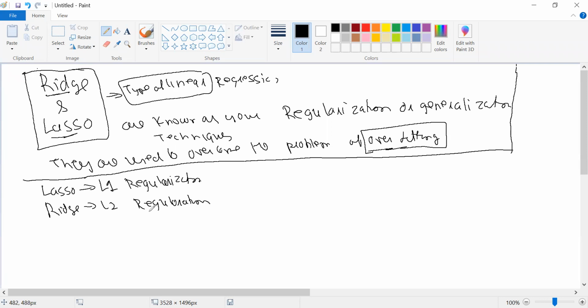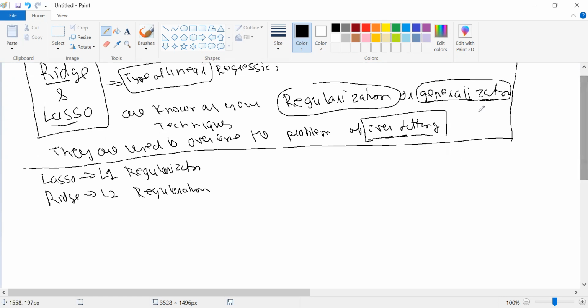So basically, I'm saying generalization or regularization techniques. Instead of having an overfitted model which is mimicking your data, I want a generalized model. It is a general model and not an overfitted model.